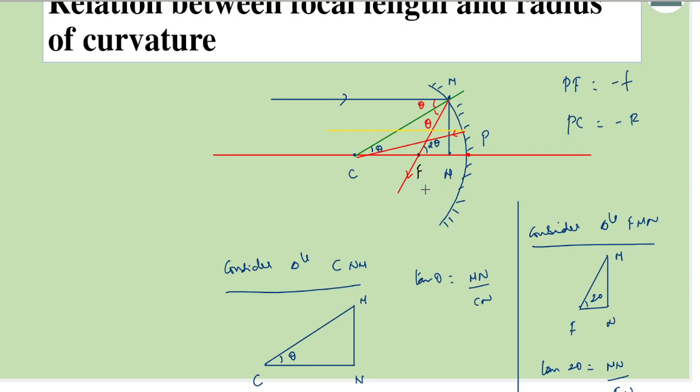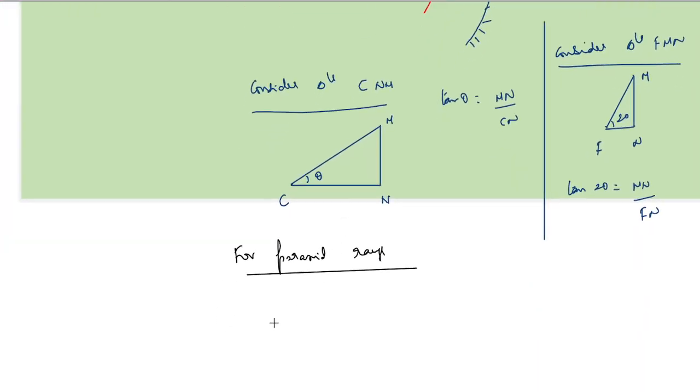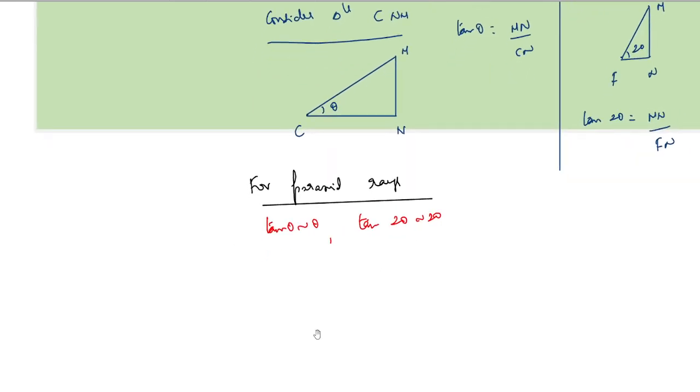The angle of incidence would be small, and if you draw a perpendicular from this point, N would be close to point P. In that case, tan theta is same as theta, and tan 2 theta is same as 2 theta. We'll write them together now.